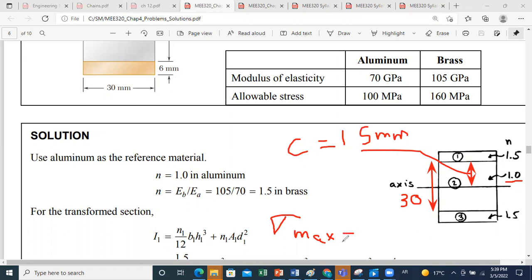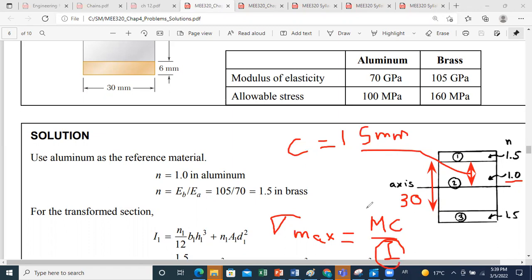Sigma maximum in absolute value is the bending moment times C over I. Of course, I is the inertia of the modified section about the neutral axis. C, as we said, is 15 millimeters.